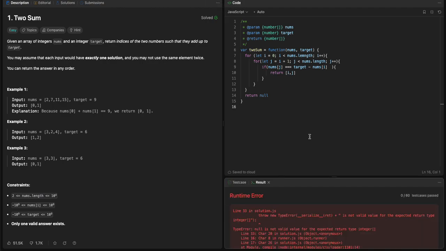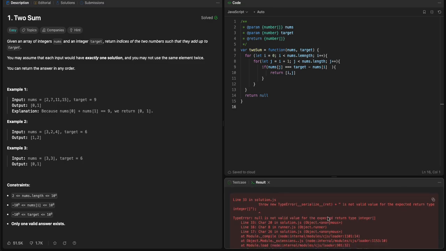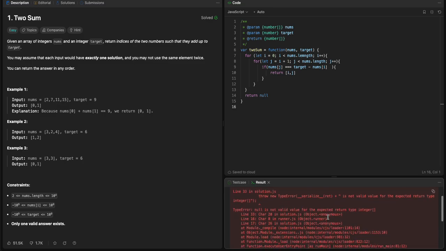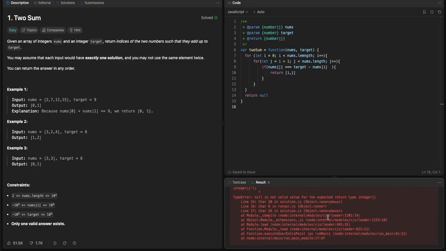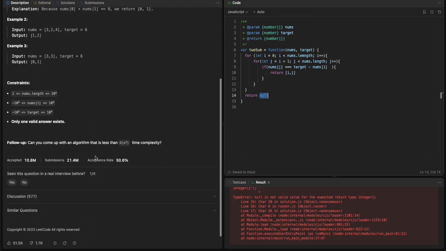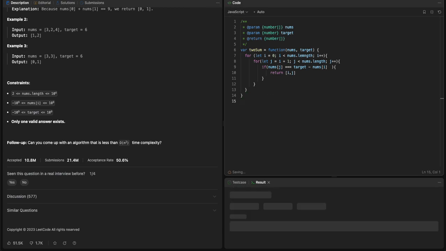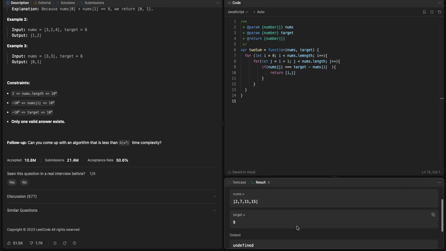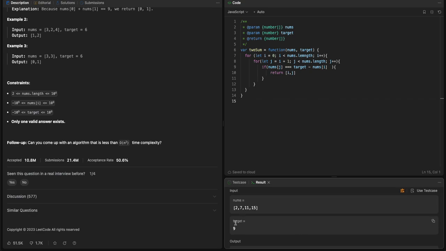Let's see. So I have an error. It says it's not valid for the expected return type of integer. So what should I return? I assume that I'm not returning anything. Let's just submit and see. So we have target here is 9.